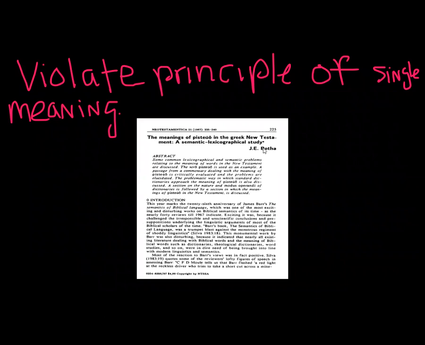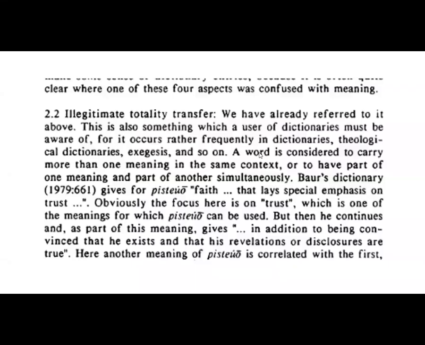And Chay quotes both his article again about this, and he's talking about illegitimate totality transfer. And I think he's saying that you can't transfer the present tense meaning into the aorist form in those passages. So he doesn't address the aorist right here, but he's addressing the concept.